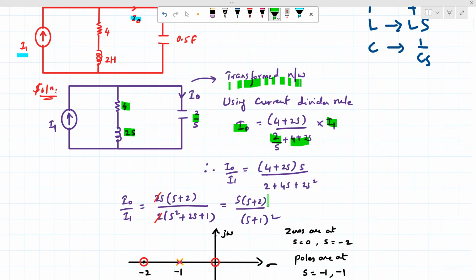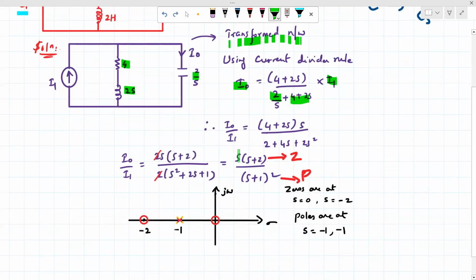So from numerator we get the zeros, and from denominator we get the poles. Zeros are represented as 0 like this. So this is the 0 which we have represented, and poles are represented as a cross.